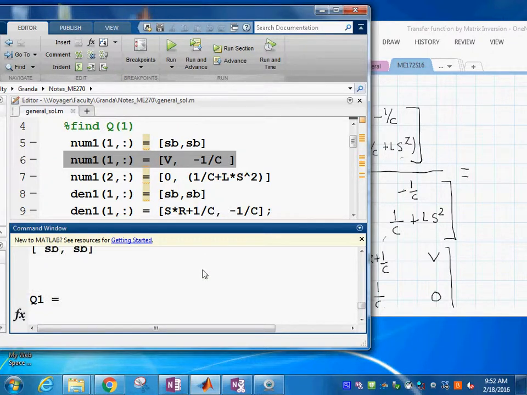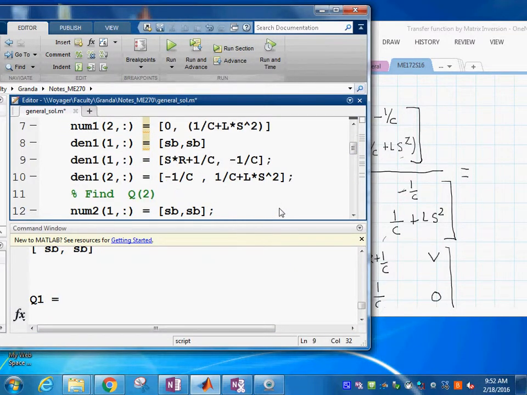And then we have the total transfer function.